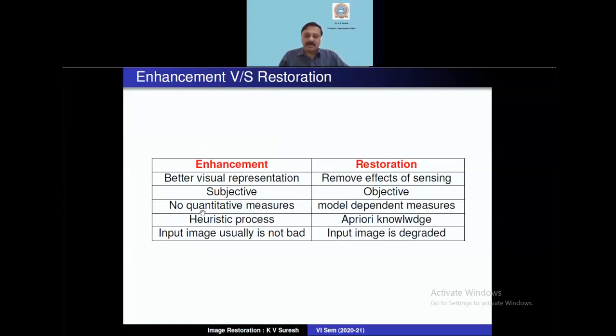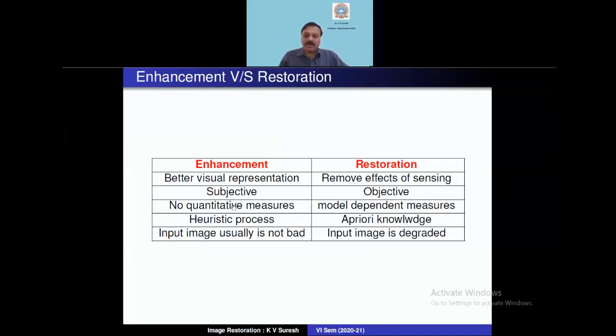The third difference is, when I said edges are improved, remember we did edge crispening by just adding the original to the Laplacian. I hope you remember these topics that I did. When I showed you the output image, you only observed that the edges are improved. That means the edges are looking better.